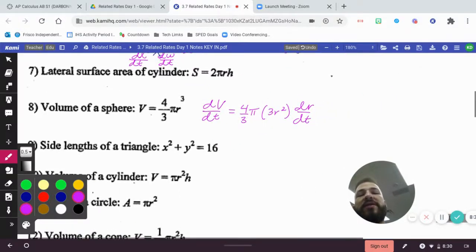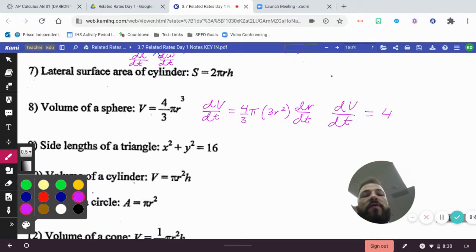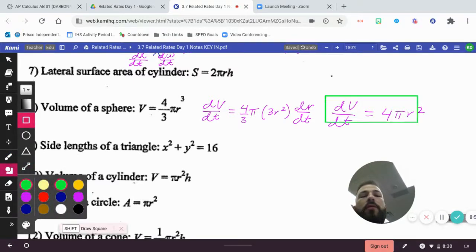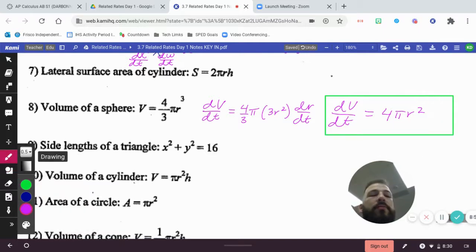And then that 3 and that 3 cancels out. So this is really just dv over dt is equal to 4 pi r squared, oh, sorry, dr dt. Don't want to forget our dr dt.